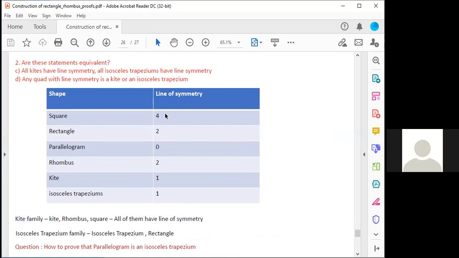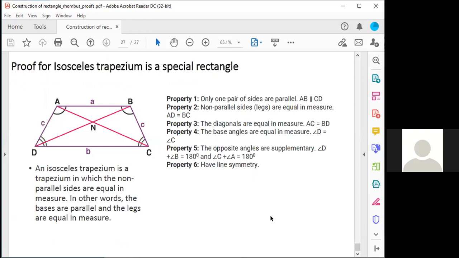Now, when it comes to line of symmetry, this is perfectly fine. Kite, rhombus, square, all of them have line of symmetry. Now, there is something here: is isosceles trapezium a special rectangle?